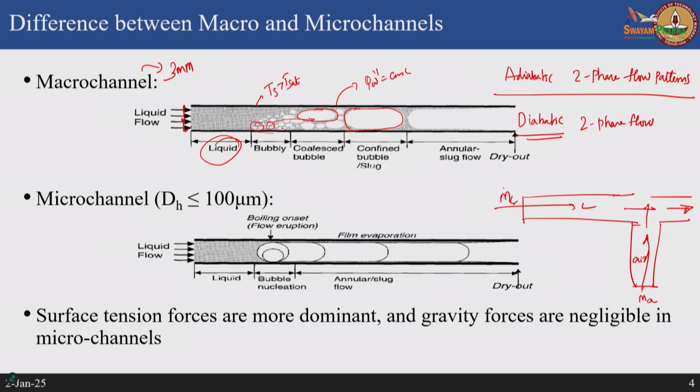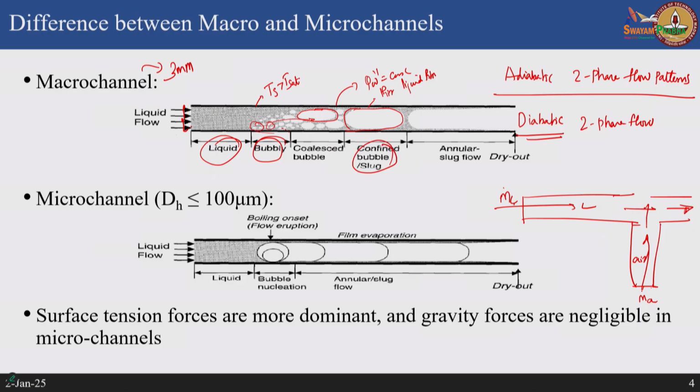This is initially called the bubbly flow, and then you reach a point which is called the slug flow. Here the slug means the vapor has grown to almost the size of the diameter of the tube, and there is only a very thin liquid film separating the wall from the vapor bubble. The core of the bubble is basically vapor.